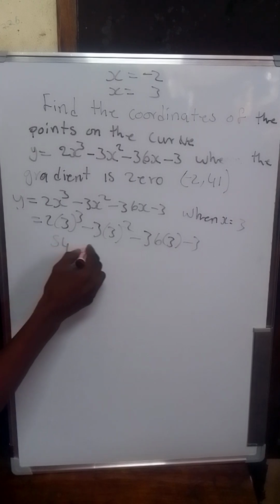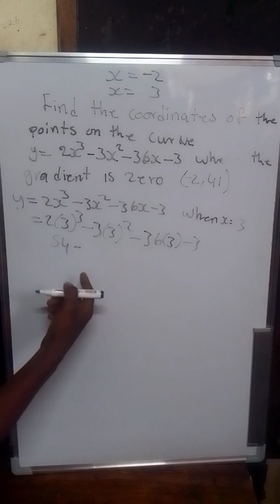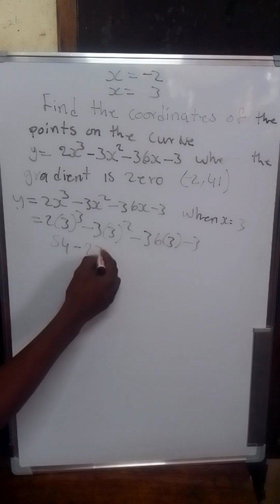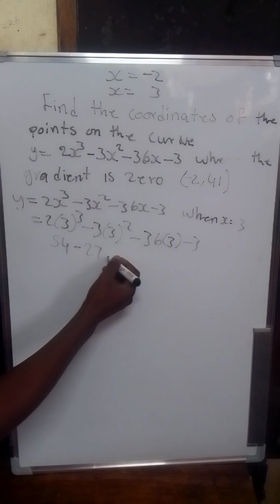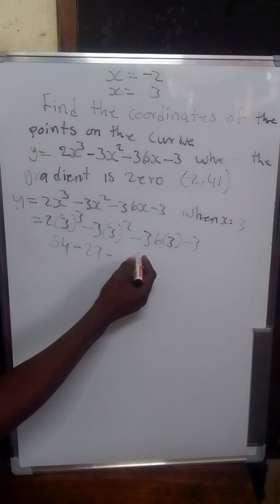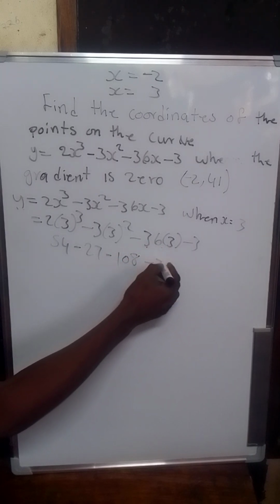Then minus, this is 9, 9 multiplied by 3 is 27, and this is 18. This is 18, this is 9, so 108, then minus 3.